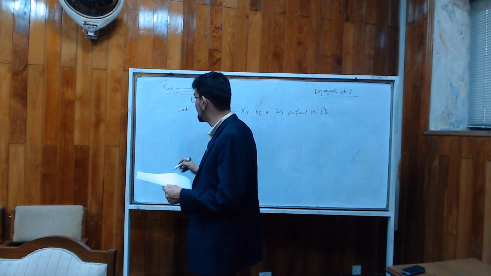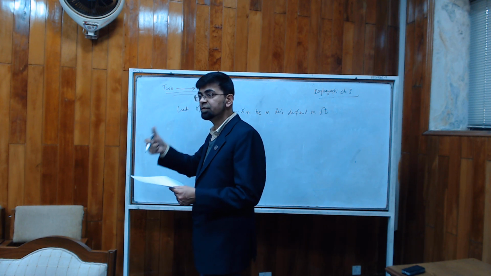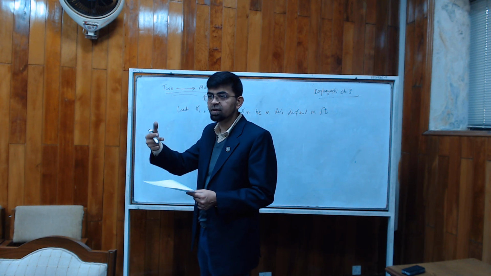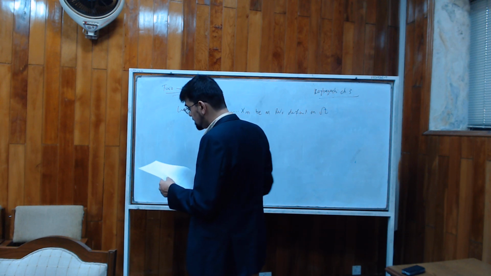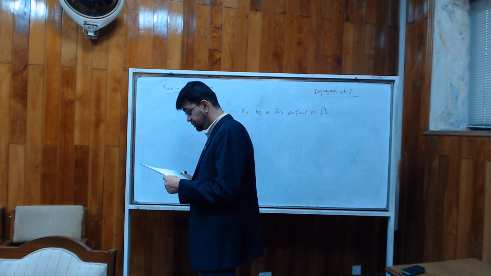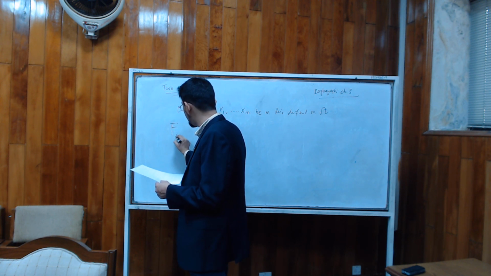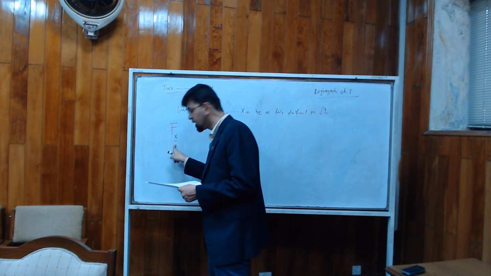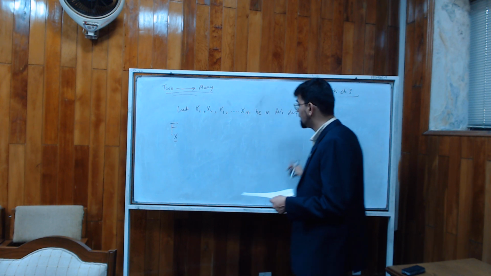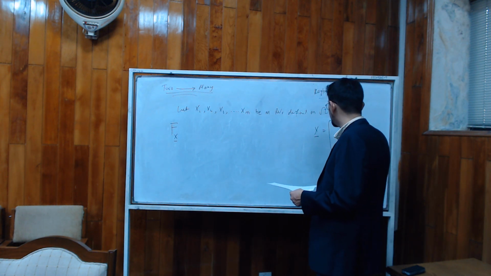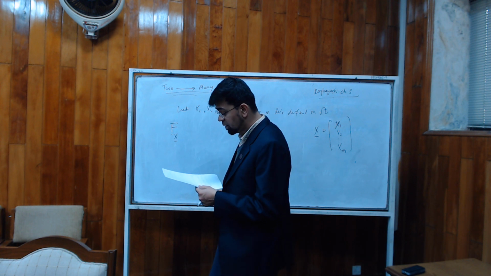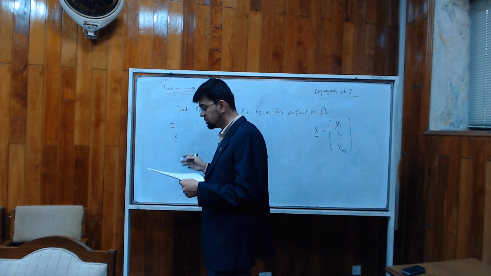Now we call it univariate, bivariate, multivariate joint distribution, and I will write it as vector x. For our convenience, x is x1 to xm, a vector like that. Could be a row vector, doesn't matter.